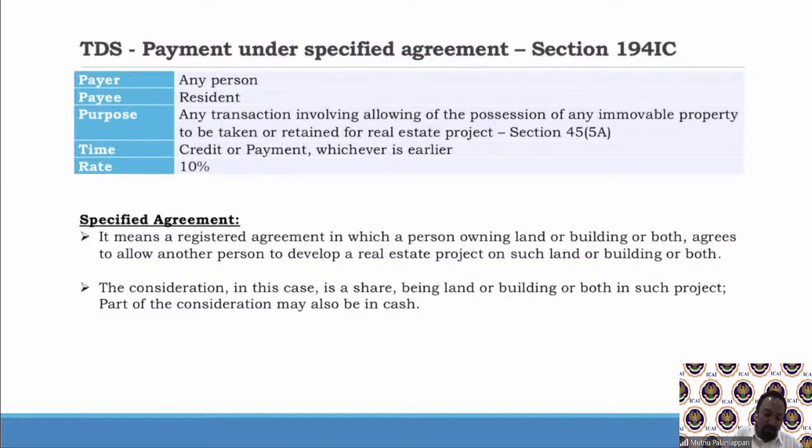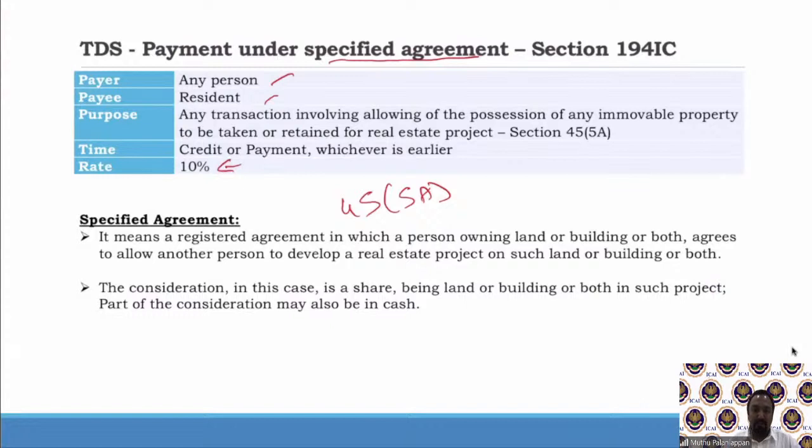So 194IC is also for properties, under a specified agreement, specified under section 45(5)(a). It is for any person who is a payer, whatever is being paid to a resident. As far as purpose goes, basically, I have a property, I'm giving it to a builder, saying that you demolish it, you build apartments, you sell them to the public. So this is an agreement. You would have already seen this in capital gains. So if there is any specified agreement, then for that agreement, on credit or payment, whichever is earlier, the rate will be 10%.